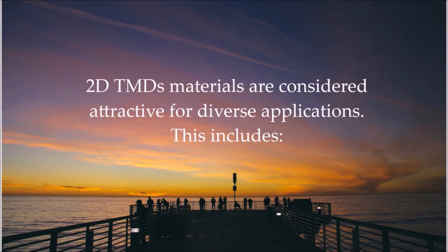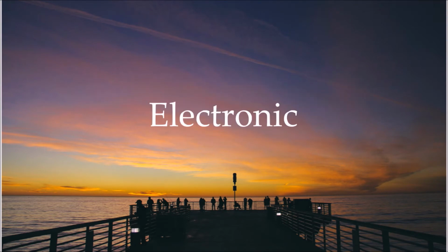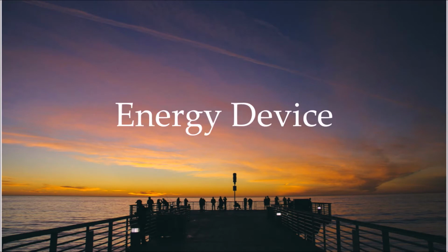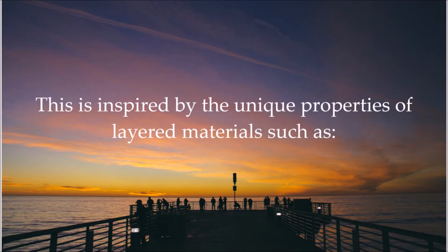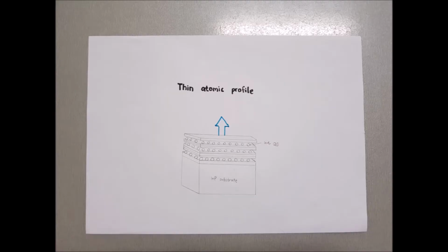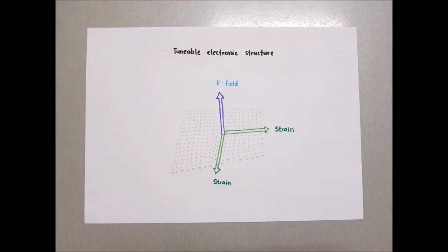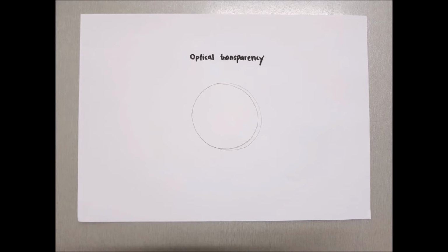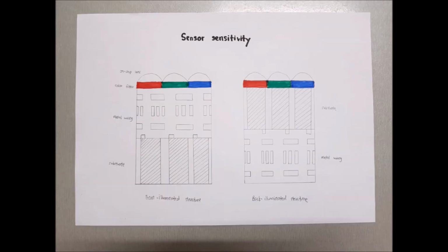2D TMD materials are considered attractive for diverse applications. This includes electronics, photonics, sensing, and energy devices. This is inspired by the unique properties of layered materials, such as thin atomic profile, tunable electronic structure, optical transparency, and sensor sensitivity.